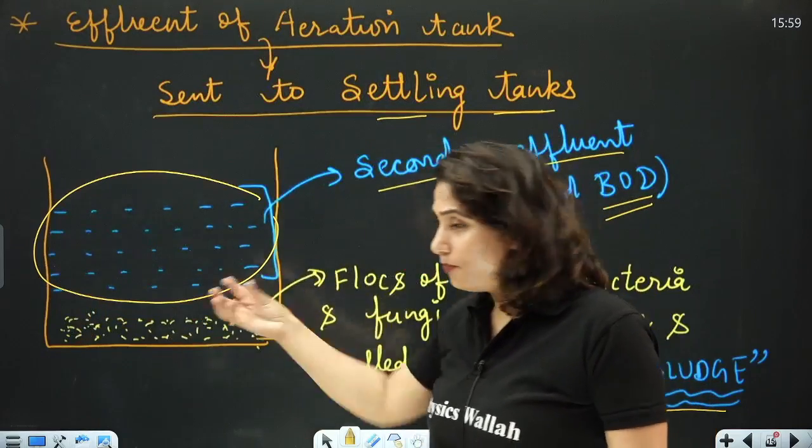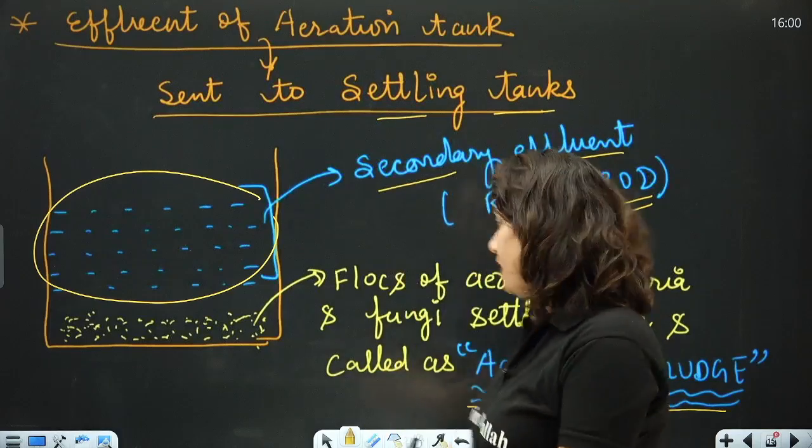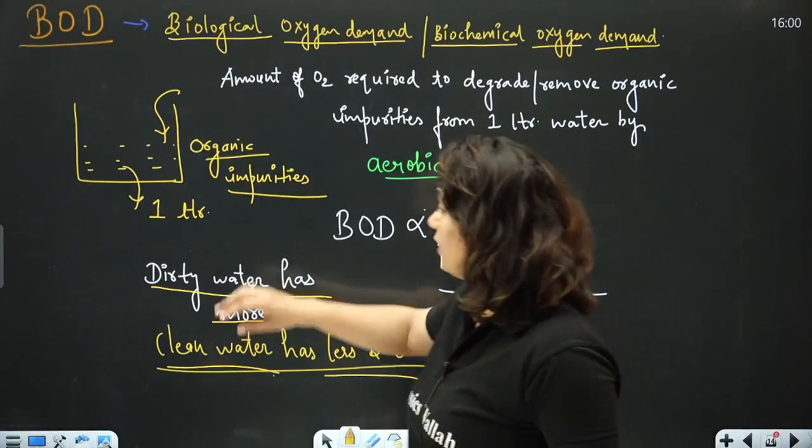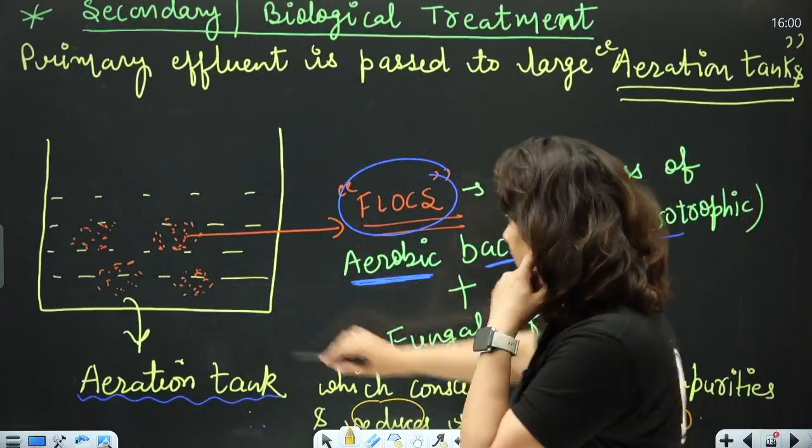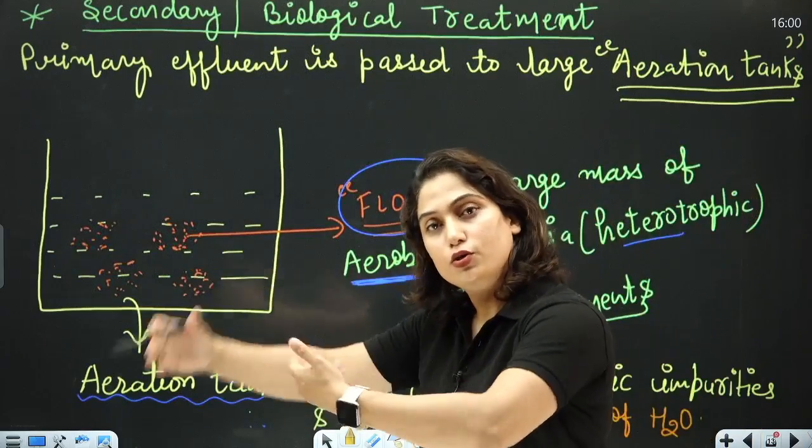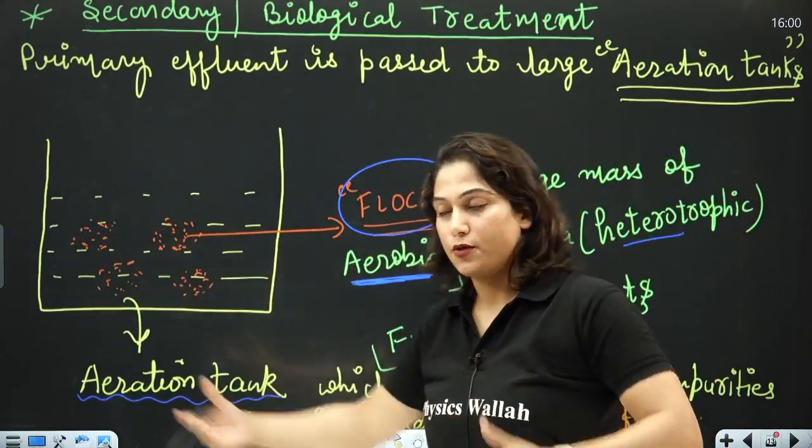So a part of the activated sludge is transferred to the aeration tank for further use.